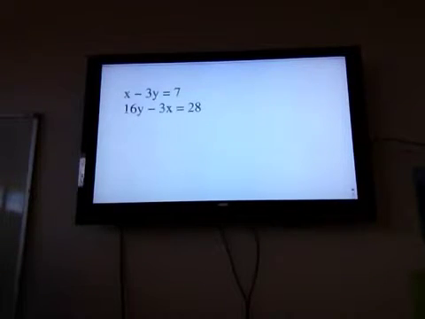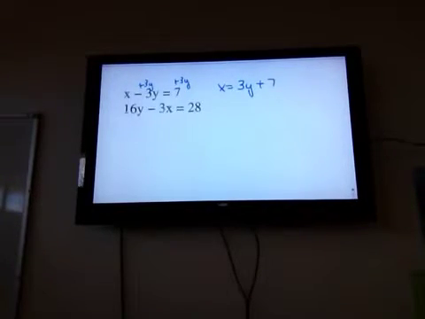So I'm going to get my x alone. To get that x alone, I'm going to add 3y. So x equals 3y plus 7. If you like 7 plus 3y better, that works for me.